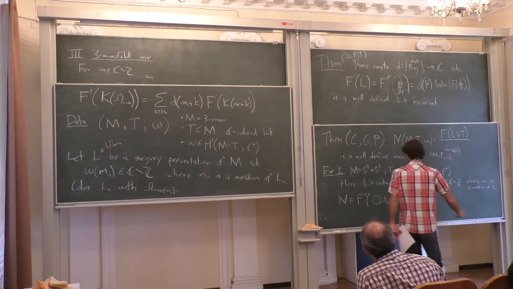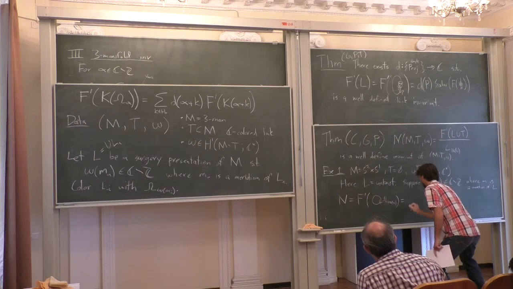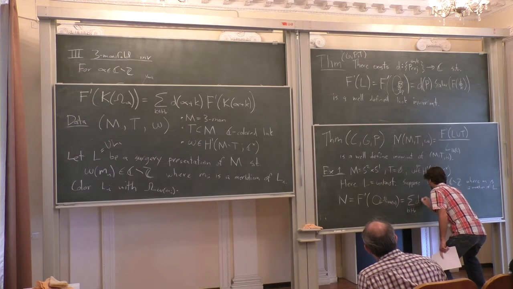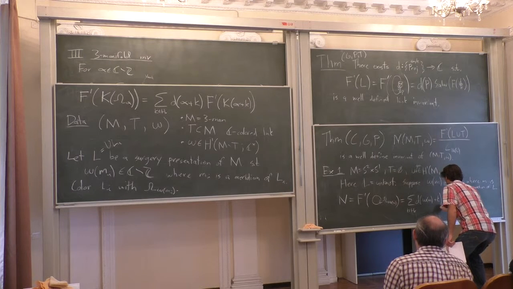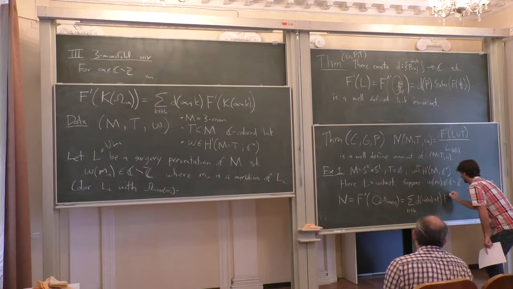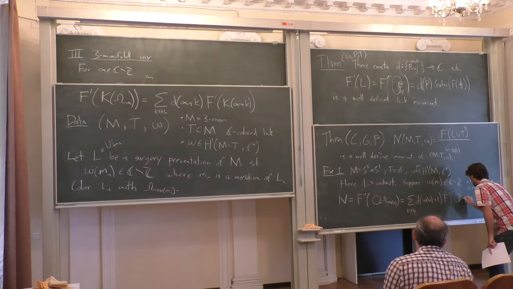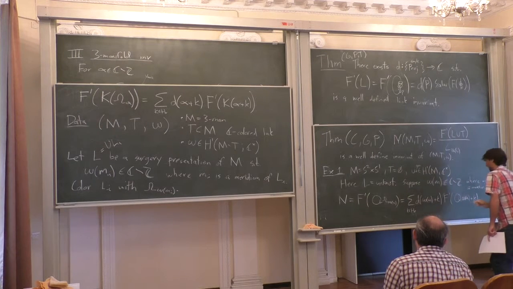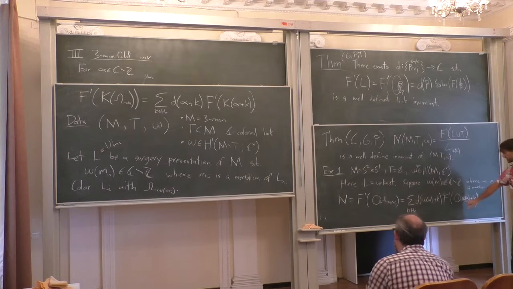So what's this Kirby color? This Kirby color is just that sum, and so this thing is just equal to the sum of K H R D omega M plus K times F prime of the unknot colored with alpha plus R. And now this is just D again.